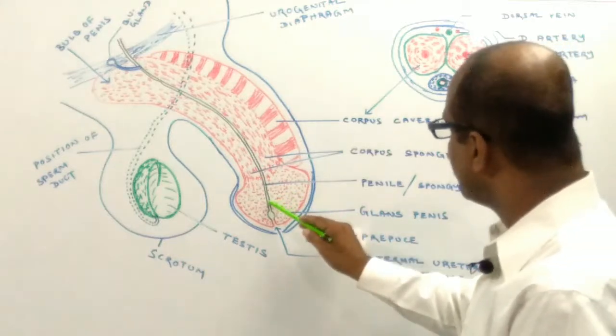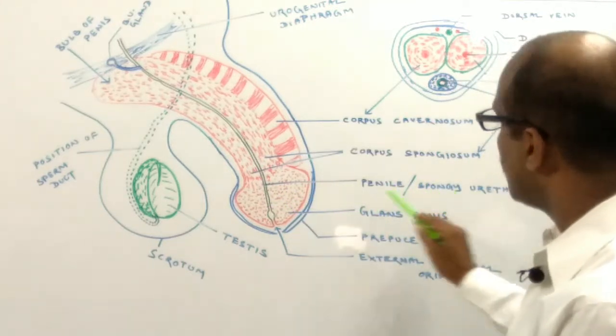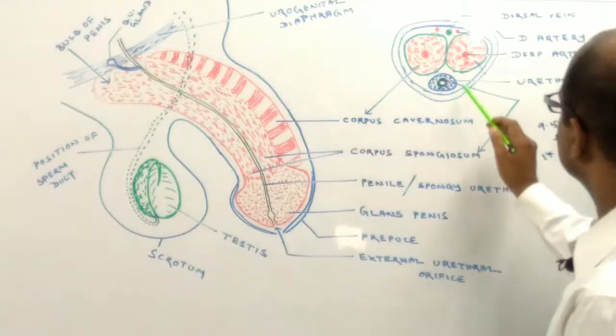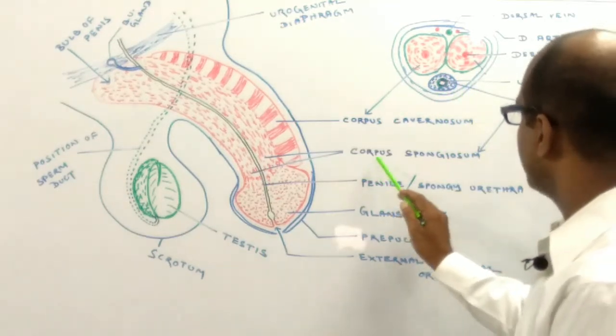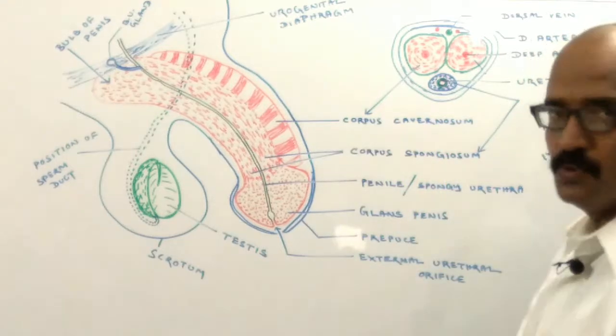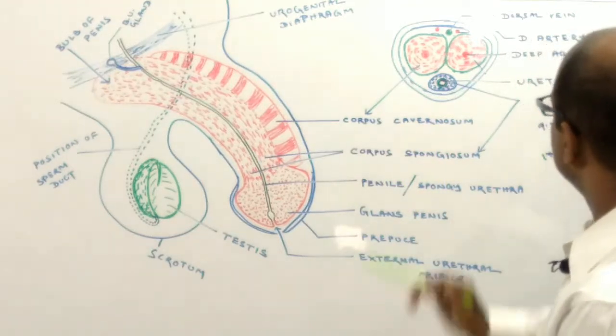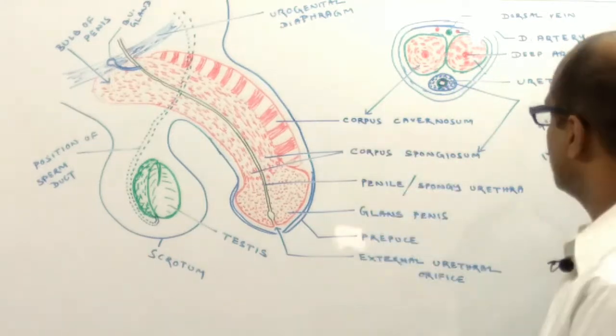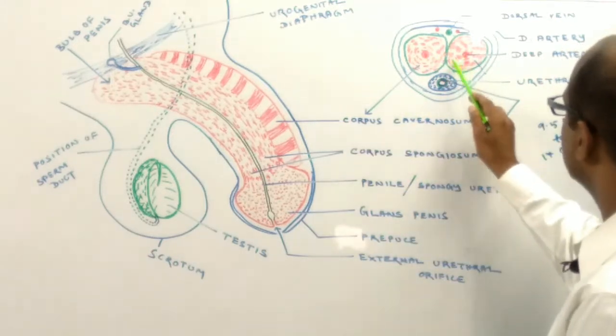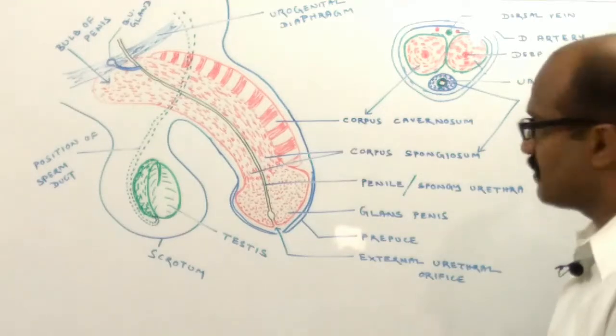And around the urethra, around the spongy urethra or penile urethra, there is another unpaired muscle known as corpus spongiosum. That's why there are three erectile muscles. One is a paired muscle, another is the unpaired muscle.